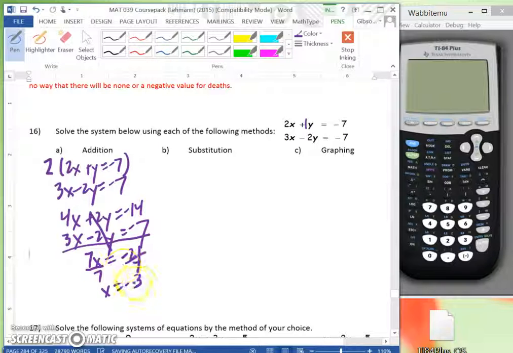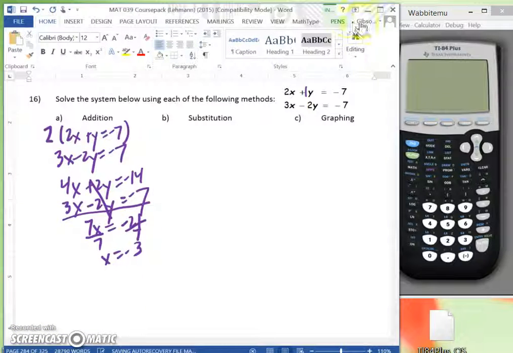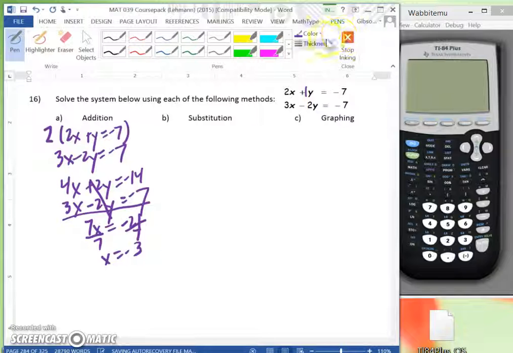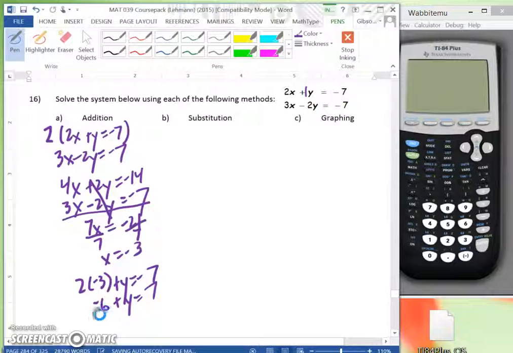Now, we know what x is. We want to find out what y is equal to. So we could take one of the two original equations here and substitute in negative 3 for x. I would choose to use the top equation. Doesn't matter which one you use. So I'll substitute in negative 3 for x. 2 times negative 3 we know is negative 6, plus y is negative 7.